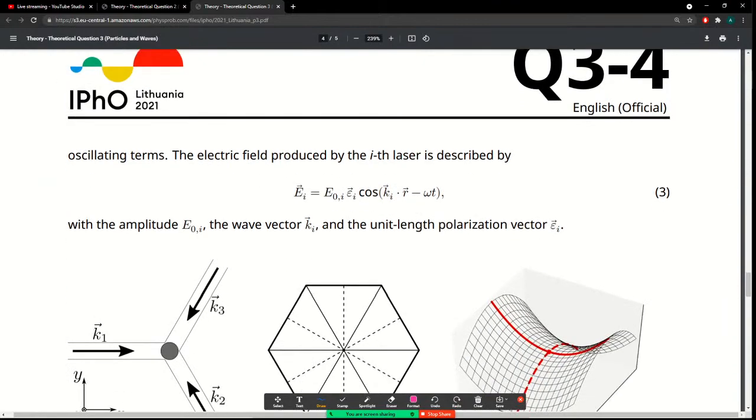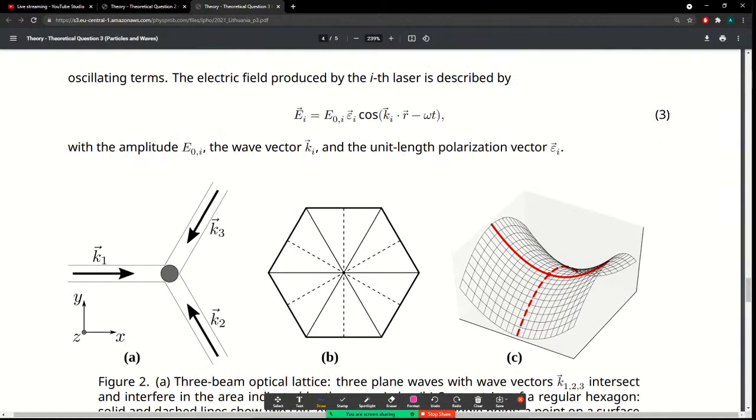The electric field produced by the ith laser is described by E of i equals E sub 0 i, epsilon i cosine of k of i dotted with R minus omega t, with the amplitude E sub 0 i, the wave vector k of i, and the polarization vector epsilon i.